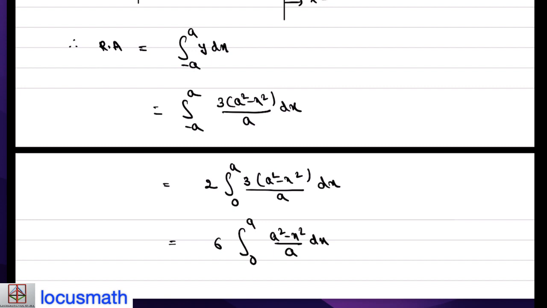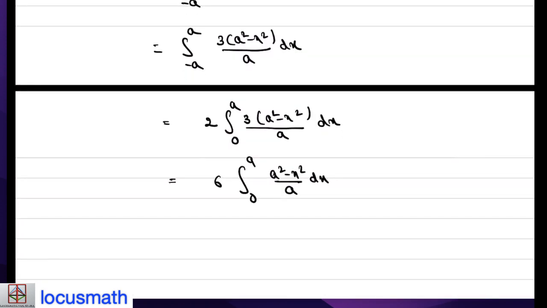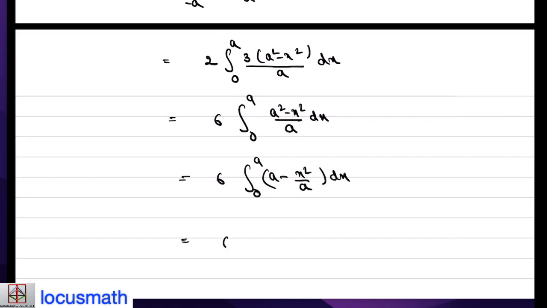If you separate it, it is the integration from 0 to a of a minus x squared by a dx, which equals 6 times a times the integral of dx, which is x, limits from 0 to a, minus 1 by a times the integral of x squared, which is x cubed by 3, limits from 0 to a.